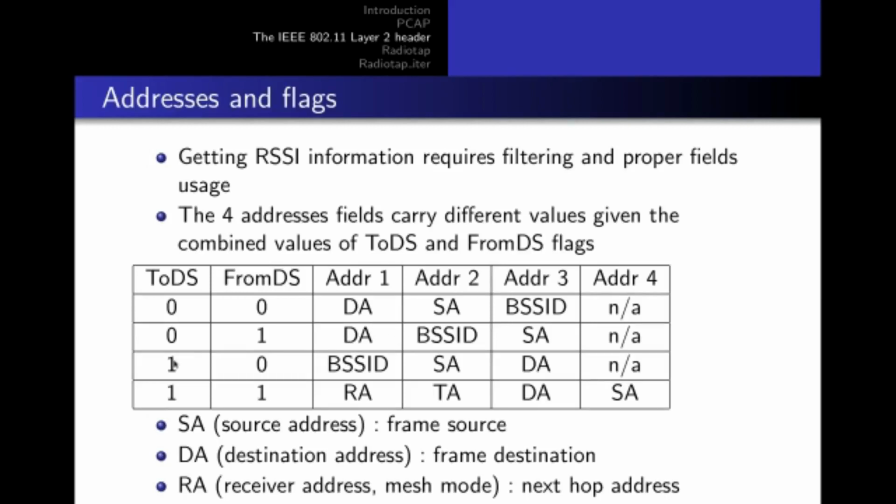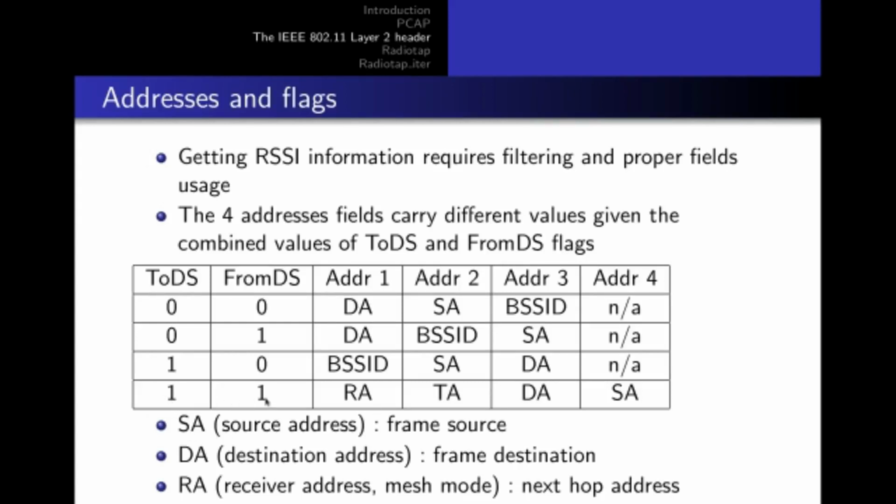With To DS 1 and From DS 0, you are sending a packet from a mobile device to the access point. First address is the BSS ID, then second address is the mobile device address, and the third address is the destination address, which is the access point address.